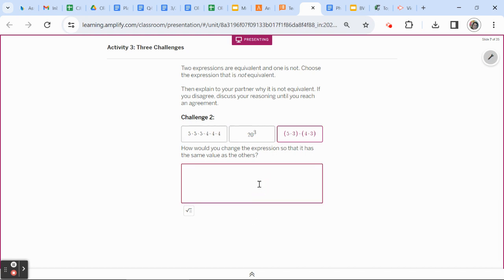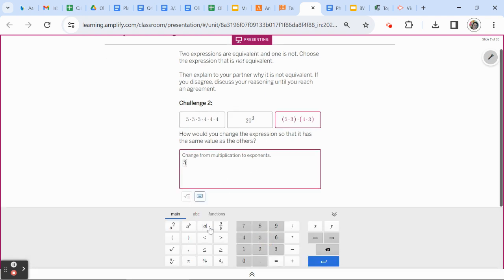So what we would need to change here is change from multiplication to exponents. And you could literally type it to look like 5 to the third power times 4 to the third power.